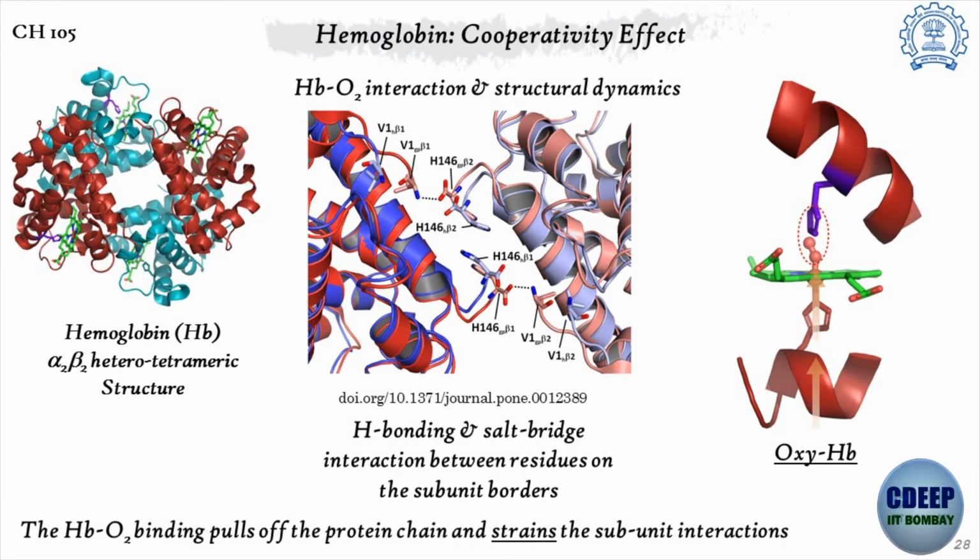But on the other hand side, they are tethered with the other subunits through this hydrogen bonding and ionic interaction, the salt bridge interactions. So then there is a competition. The oxygen binding will try to pull the iron out along with the protein chain, and the protein chain on the other hand side has some interaction with the other subunits. So there is a competition between those 2 interactions.